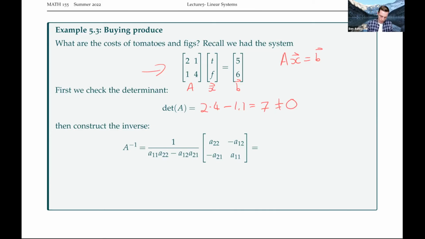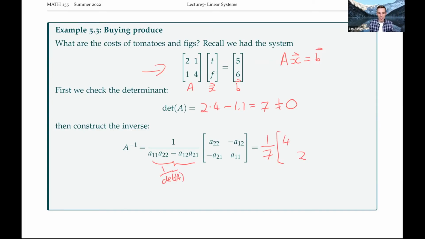So now we can construct the inverse according to the previous slide. So we take our determinant, this is 1 over det A. I've calculated above, so that's going to be 1 over 7. And then we do these operations on the elements within the matrix. So this is going to just be equal to 1 over 7 times, let's flip the elements on the main diagonal first. So here we're going to have 4, here we're going to have 2.